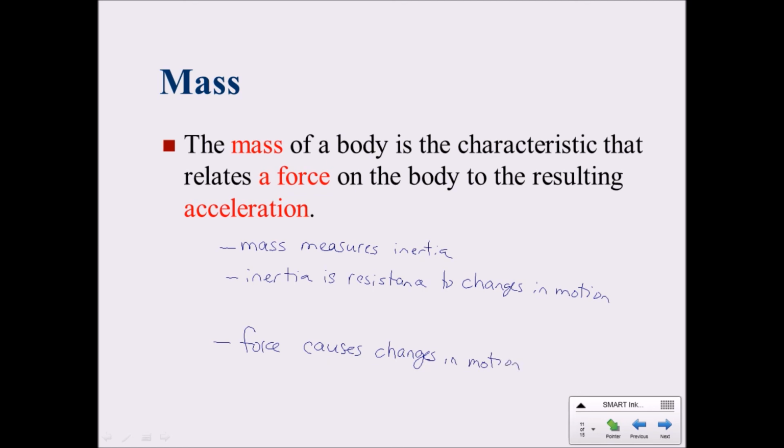Those were the three things that were on that previous slide. And so we said that changes in motion, that was acceleration. So the mass relates the force to the acceleration. The more inertia something has, the harder it is to change its motion with a certain force. The smaller the mass it has, the less inertia it has, the easier it is to change its motion with the exact same force acting on it.